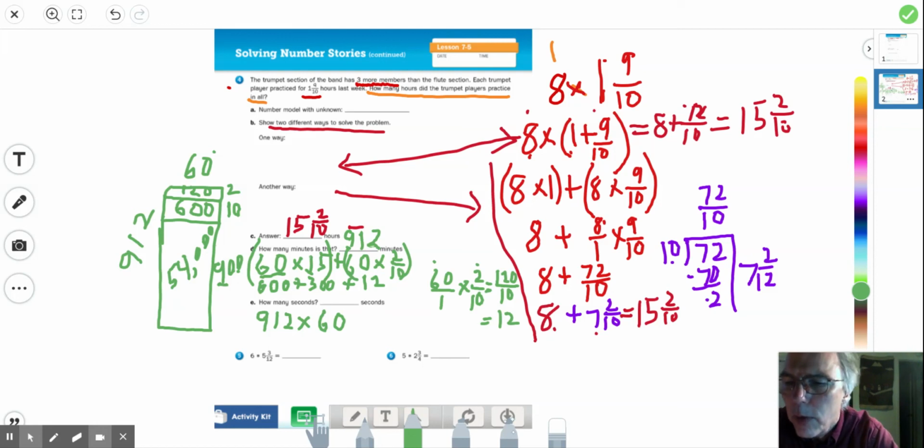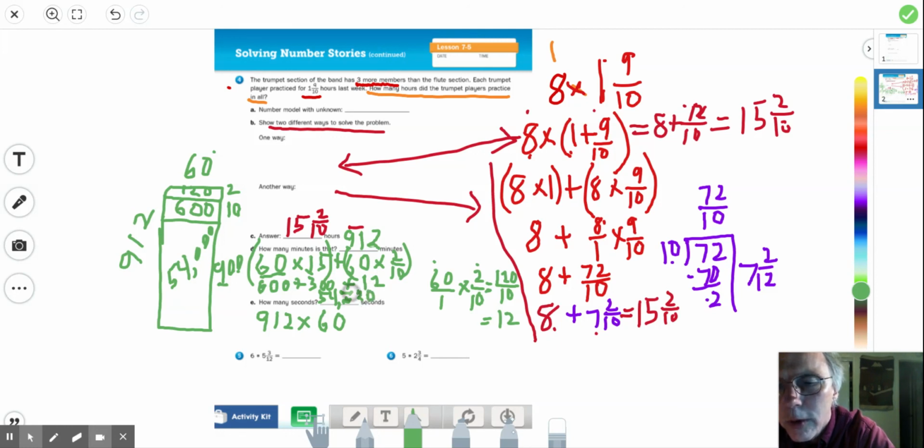So if we add those numbers up, that's how many seconds it'll be. 54,000. Oh boy. 54,000. Then the 600 plus the 120 is 720.